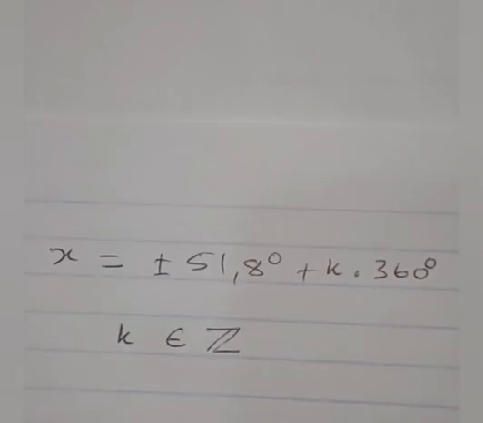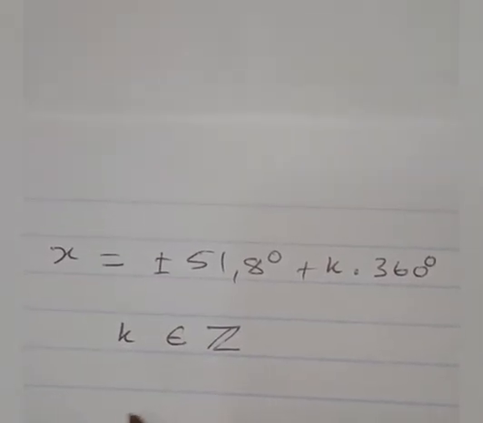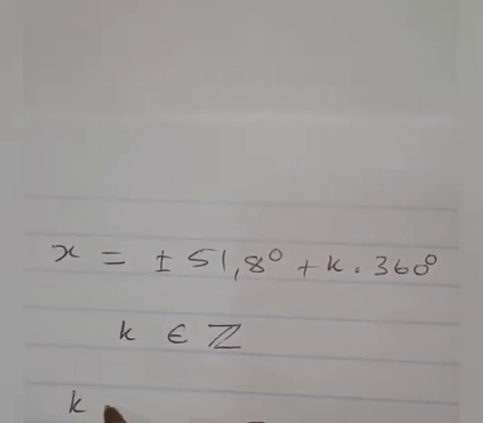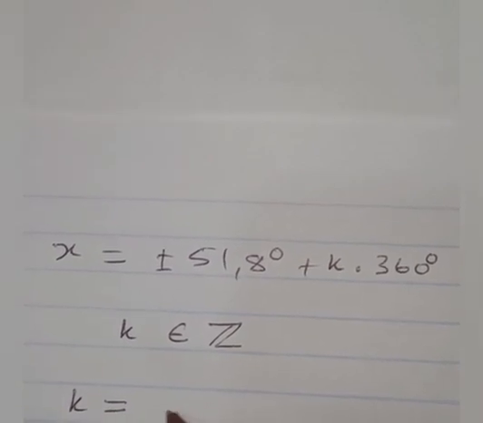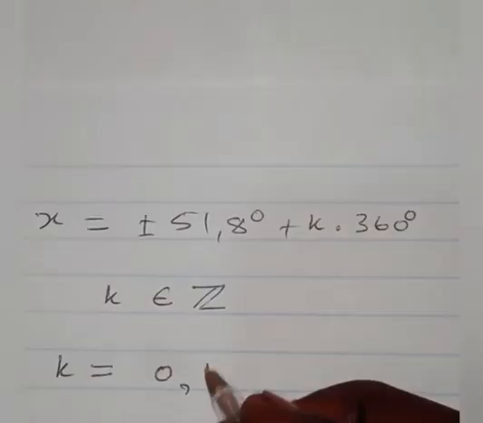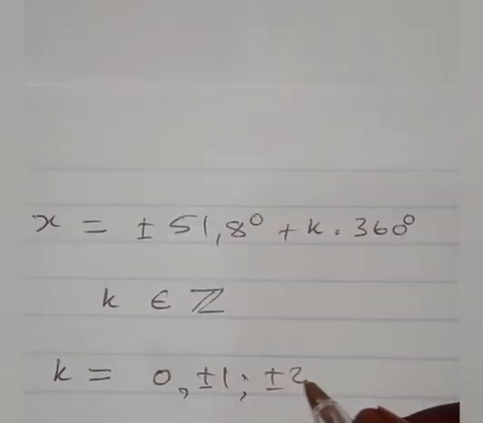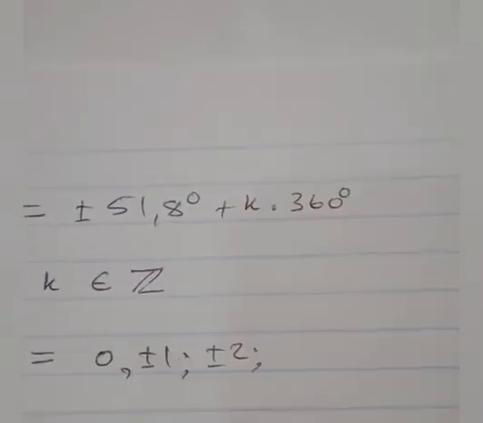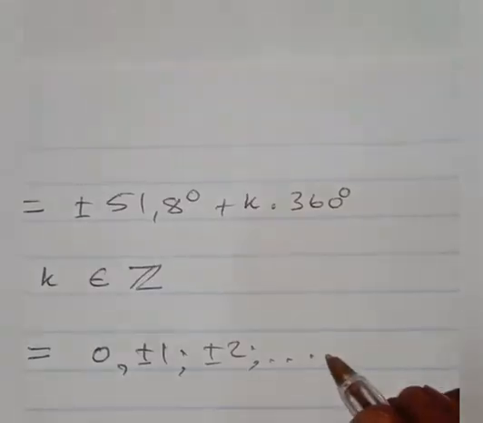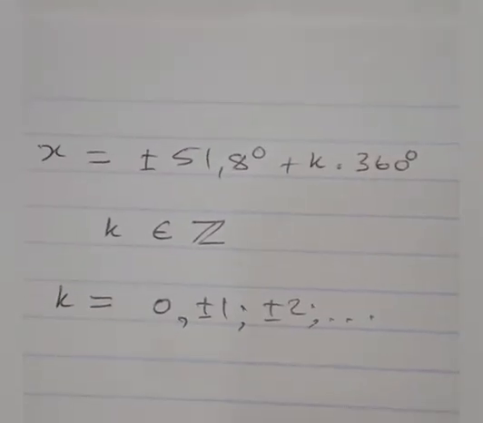What do we mean by integers? We are saying these are values of k starting from 0, plus or minus 1, plus or minus 2. This goes to infinity, to positive and negative infinity.